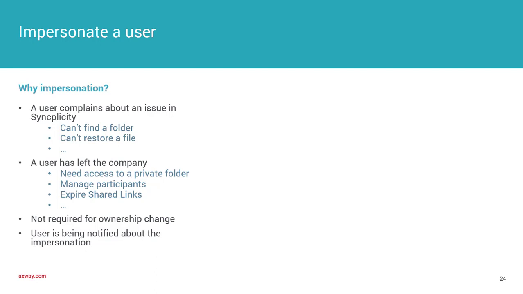Another use case is where a user has left the organization and you need to access a folder that that user owned, which was a private folder, which is of course no longer accessible if the user is disabled or maybe even deleted already. It could also be interesting if the user has left the organization but owned folders and you need to manage participants in that shared folder, or what we're going to see in the next chapter is change ownership of that folder.